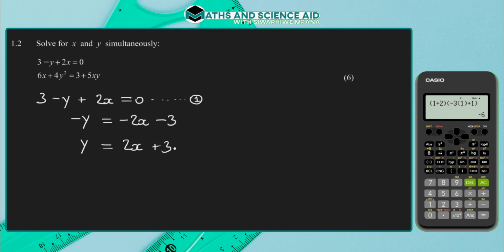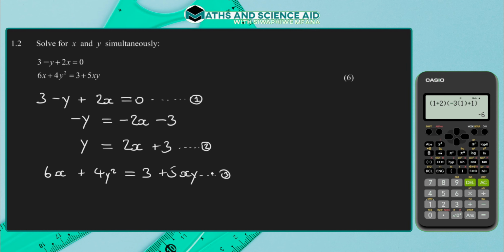And then this new equation that we have formed, we can call it equation 2. And now the second equation that we're provided with is going to be our equation 3. So 6x plus 4y squared is equal to 3 plus 5xy is going to be our equation 3.